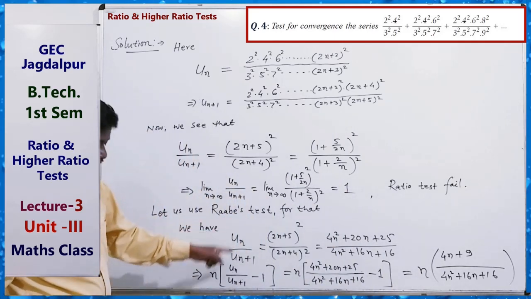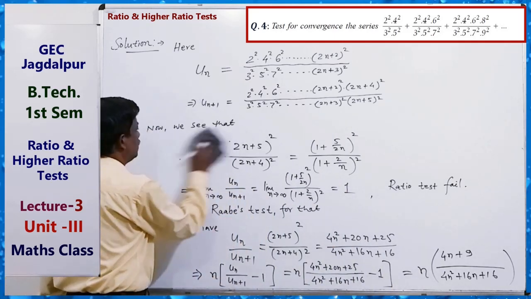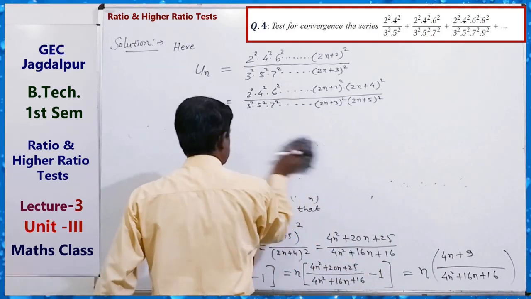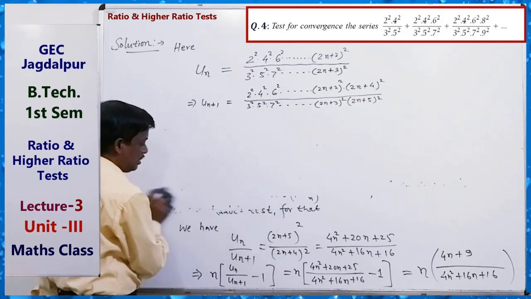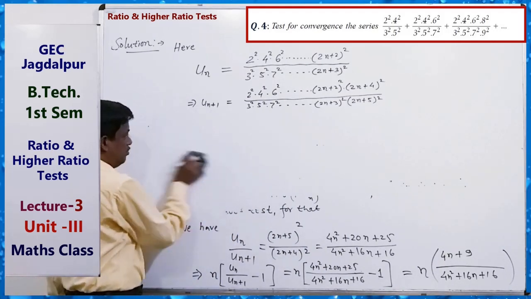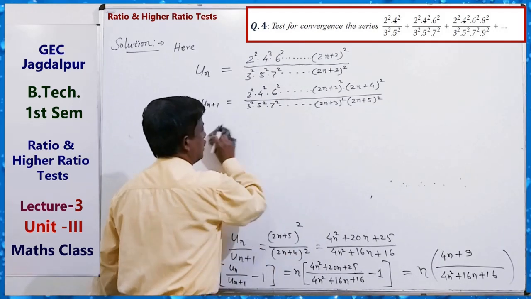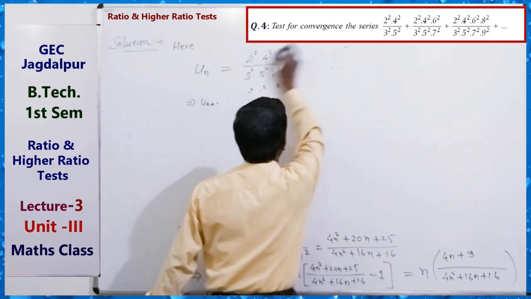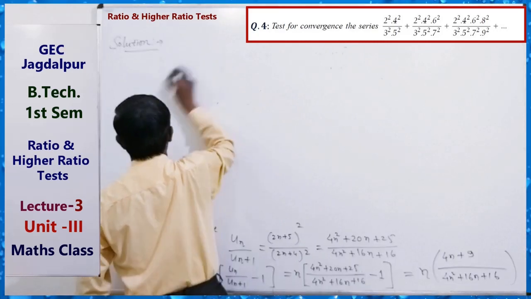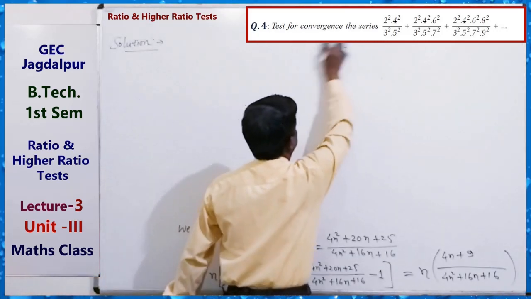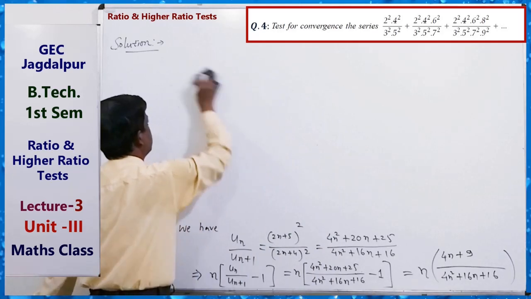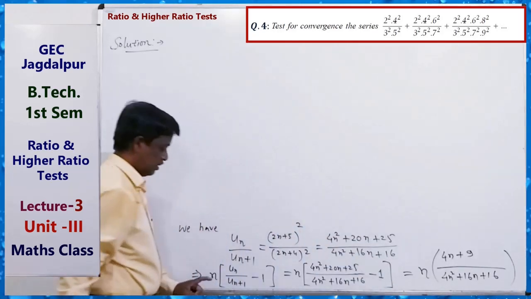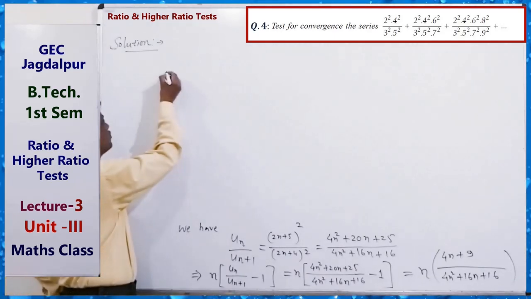For Raabe's test. The ratio test failed, so we are trying Raabe's test. Now, after this line, our target is what?